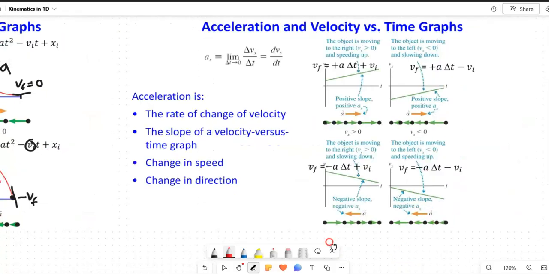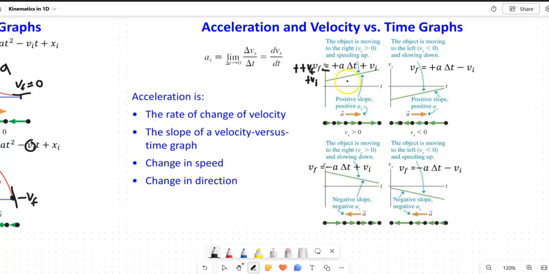The velocity versus time graph for accelerated motion when speeding up, we've kind of been doing this, but we're just going to check it. So here you have an initial velocity that is positive. And I should probably put an I there. And your final velocity is much more positive.